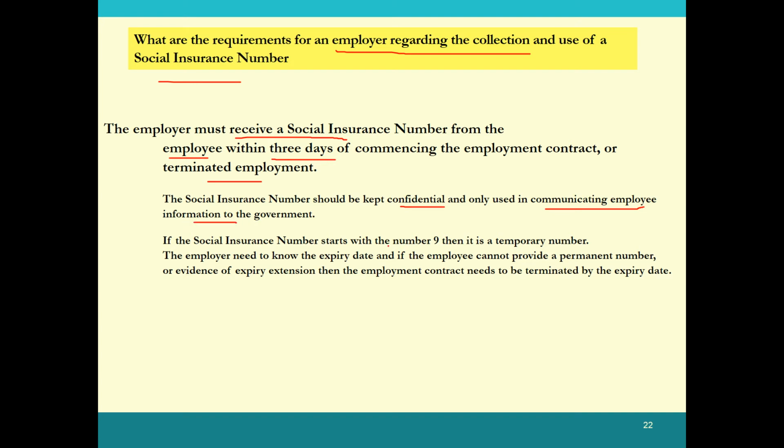If the social insurance number starts with 9, then it is temporary, and we must know when it will expire, and there is an expiry extension to comply with payroll.